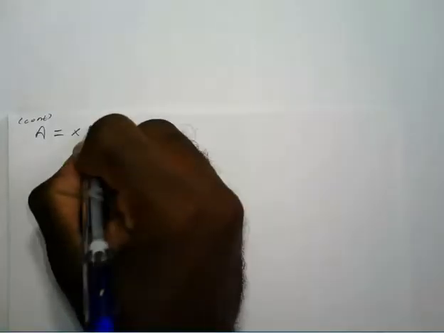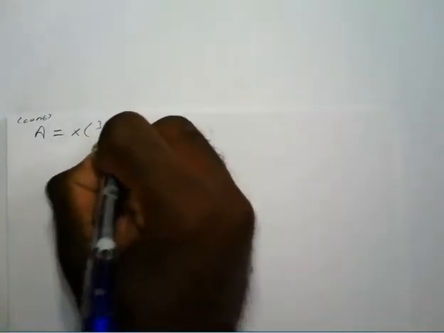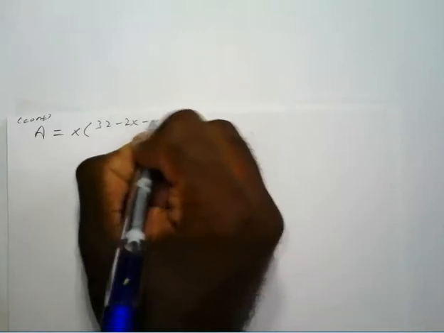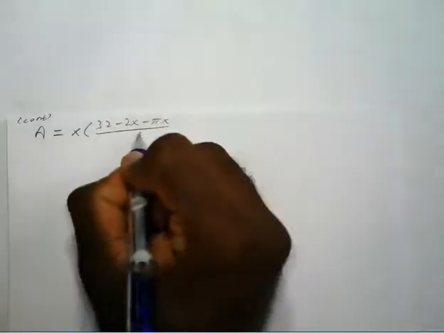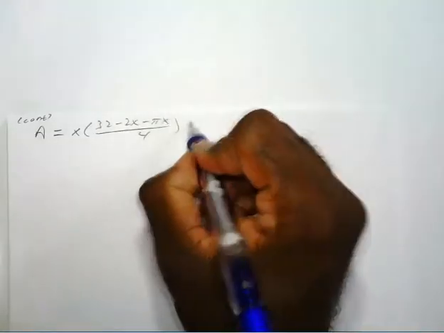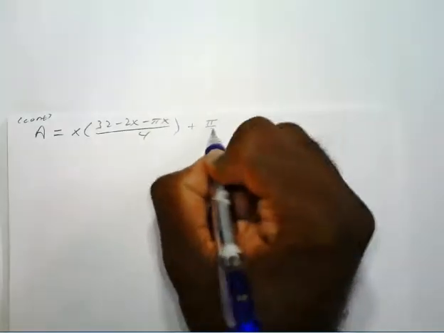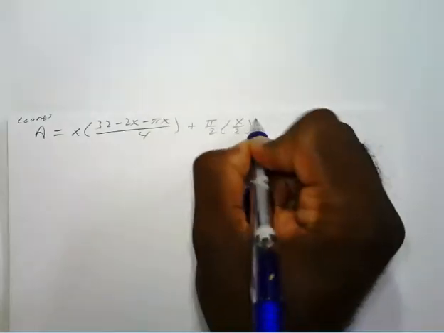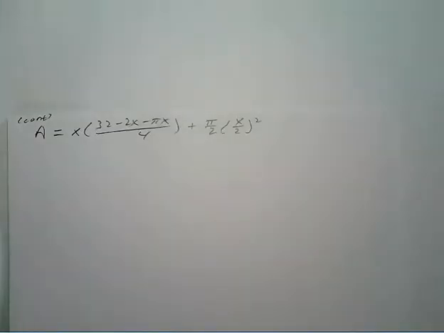All right, so just writing down what was on the last page, it was x times 32 minus 2x minus pi x over 4 plus pi over 2 times x over 2 squared. This is just where we left off.